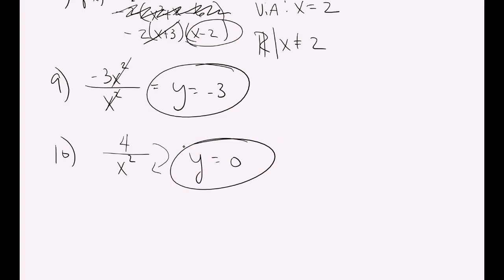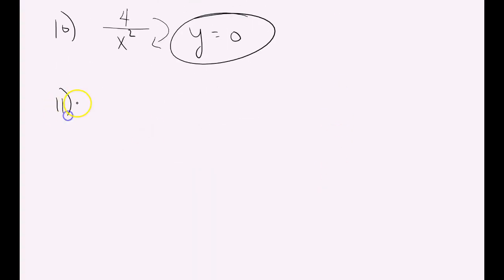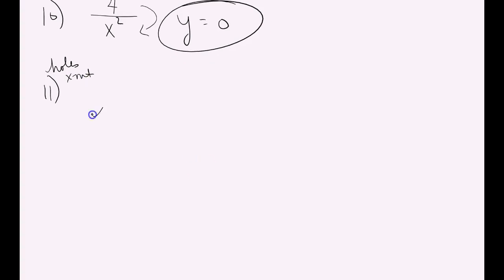All right, number 11, identify the holes and the x-intercept. Okay, so 11 and 12, we're looking for holes and x-intercepts. As I write this problem, just like the last couple, I'm going to factor as I go. So gross.